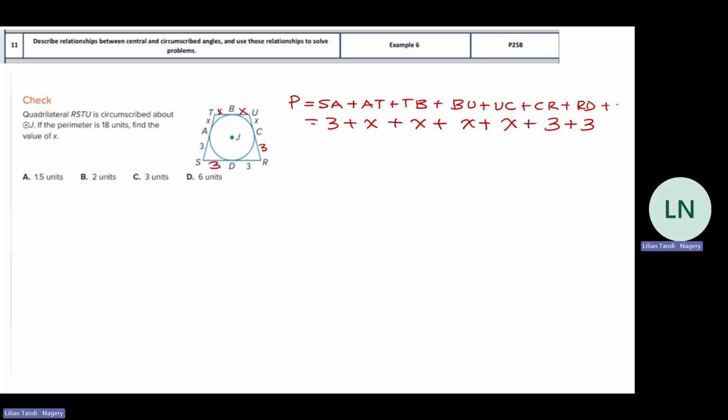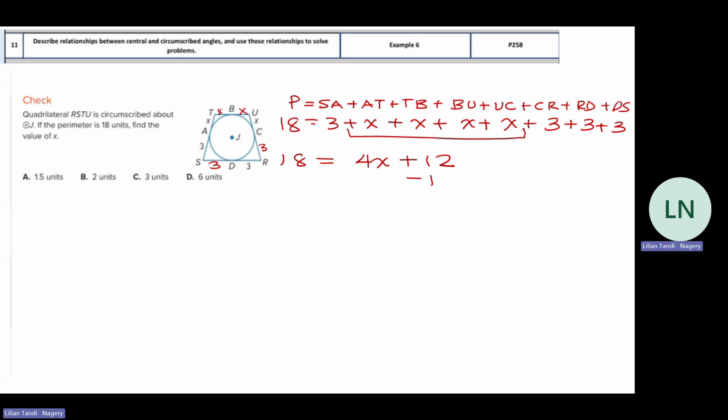After RD is DS, not SD, which is 3. Okay, now these are alike. Those are 4 of them. So 4x, and 4 of them, those are 12. Okay, and I know perimeter is 18.